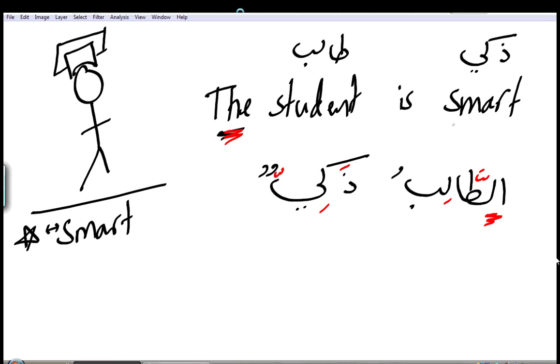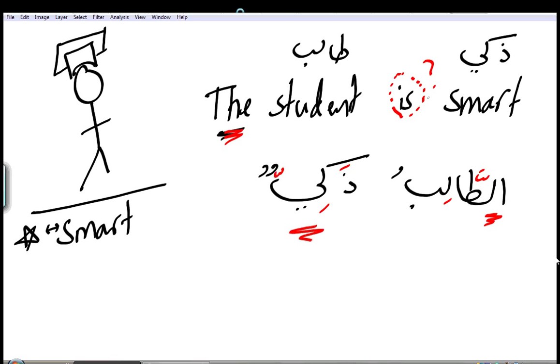You say that he's smart, so you just put the word for smart. But here's the thing. Where did the "is" go? Well, in Arabic we don't use the "is" in these kind of sentences. We don't use the verb to be the same way that English does.